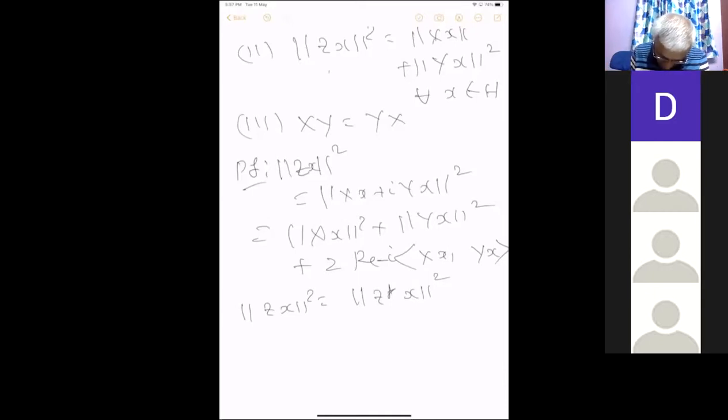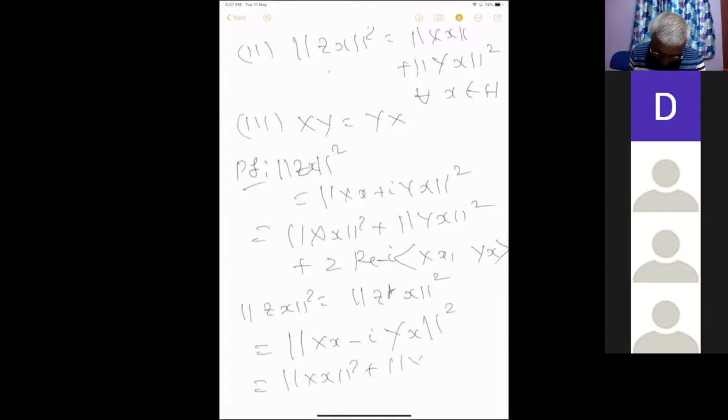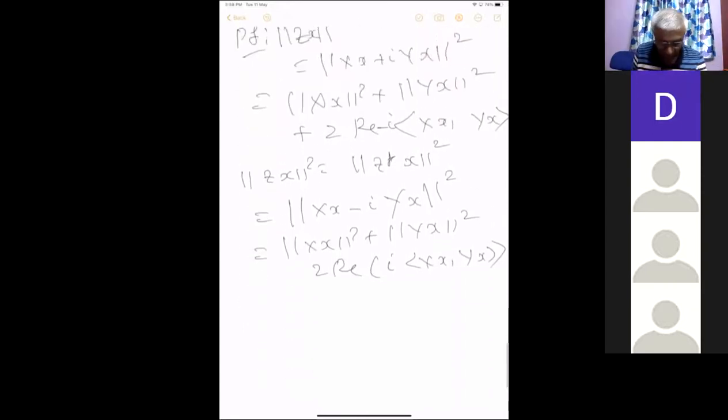Because of that, this is just taking conjugates. So that is equal to norm Xx squared plus norm Yx squared, but there is a minus here: minus 2 real part of the inner product of Xx and iYx. Minus i will come out as i from the inner product.